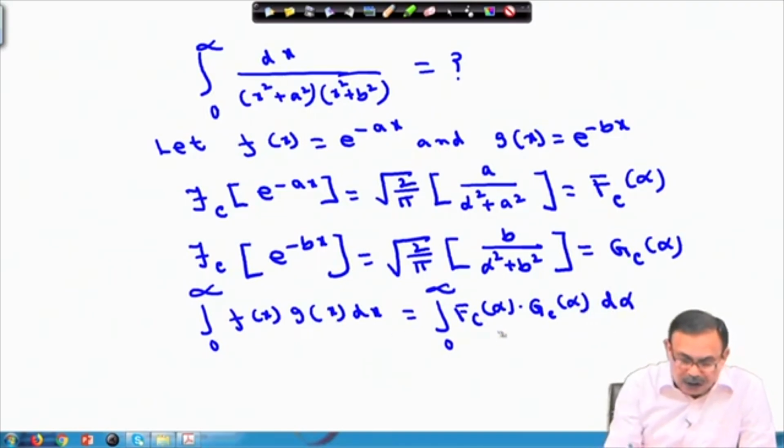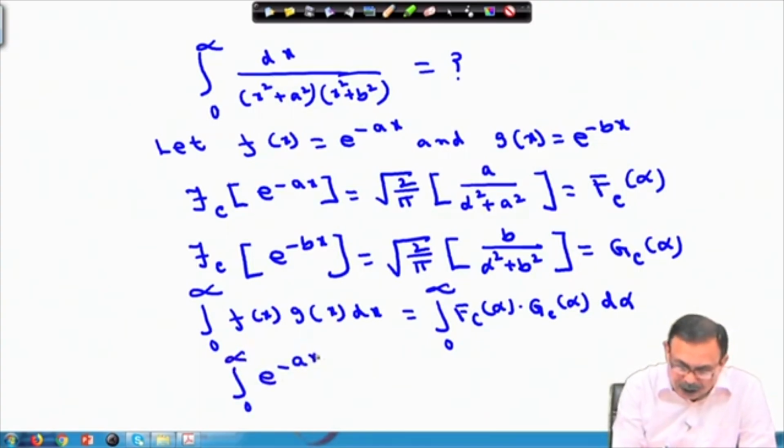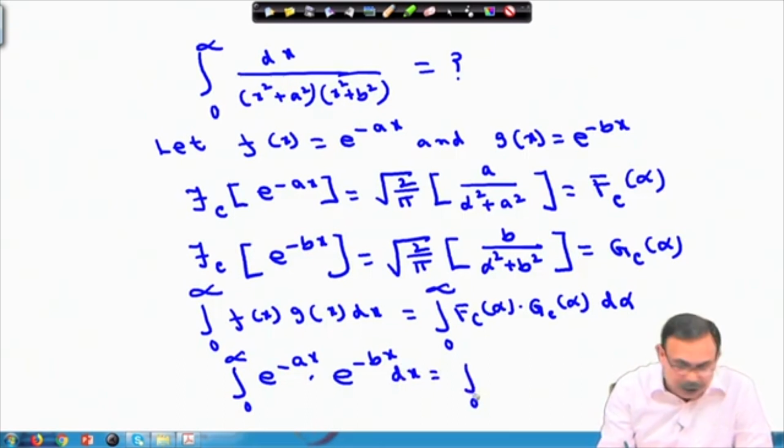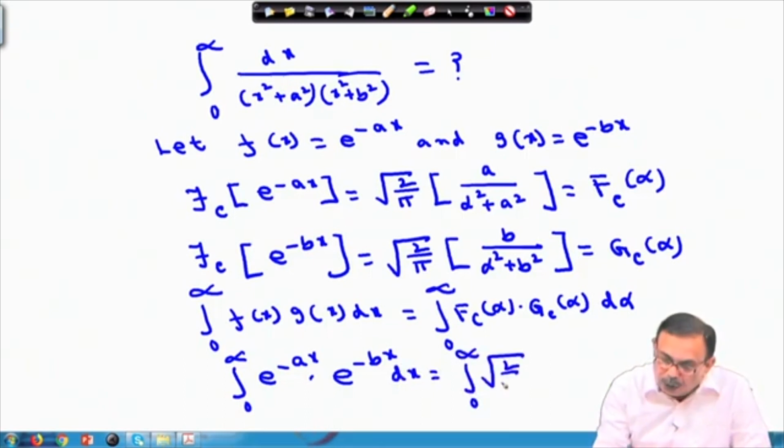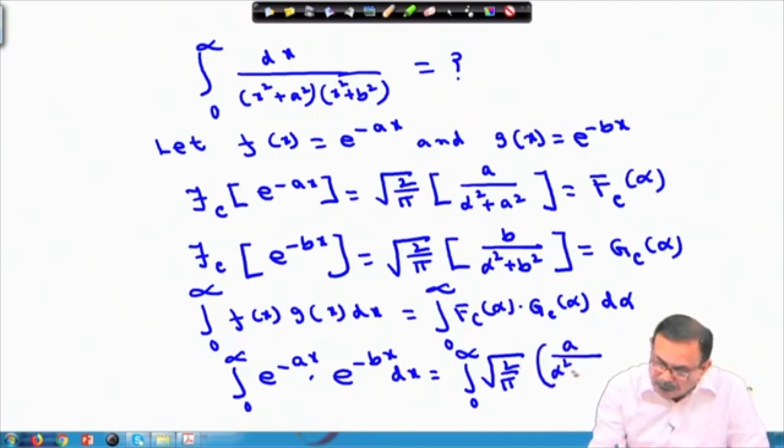So, from here, if you put f x and g x as this, you will obtain 0 to infinity e power minus a x into e power minus b x dx equals 0 to infinity root over 2 by pi into a by alpha square plus a square into root over 2 by pi into b by alpha square plus b square into d alpha.